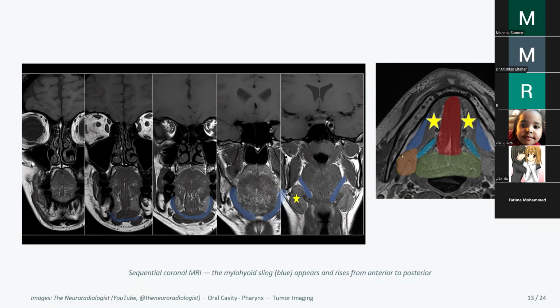The space denoted by the star-like shape is the sublingual space, and the submandibular space is colored orange. And we have to mention that this is the main route by which a floor of the mouth tumor or infection spreads from one space to another.